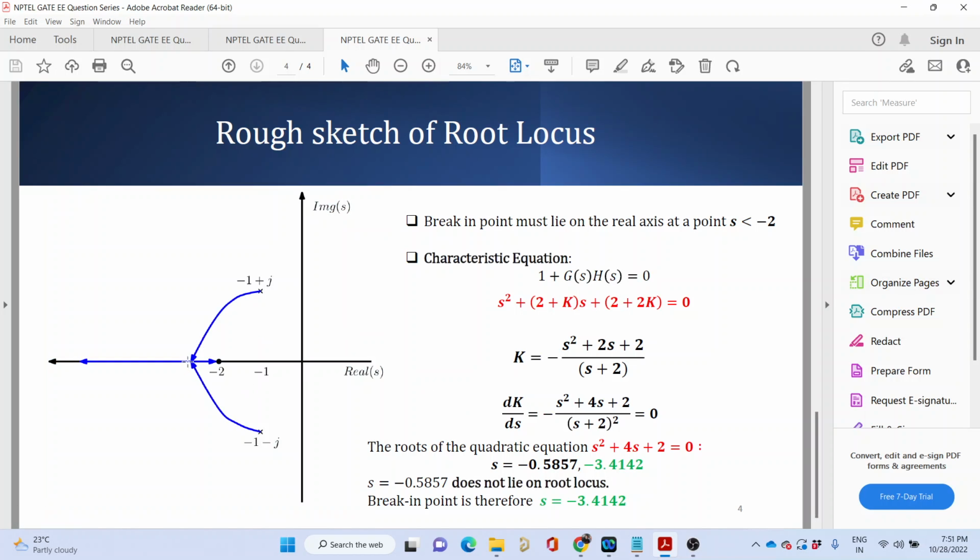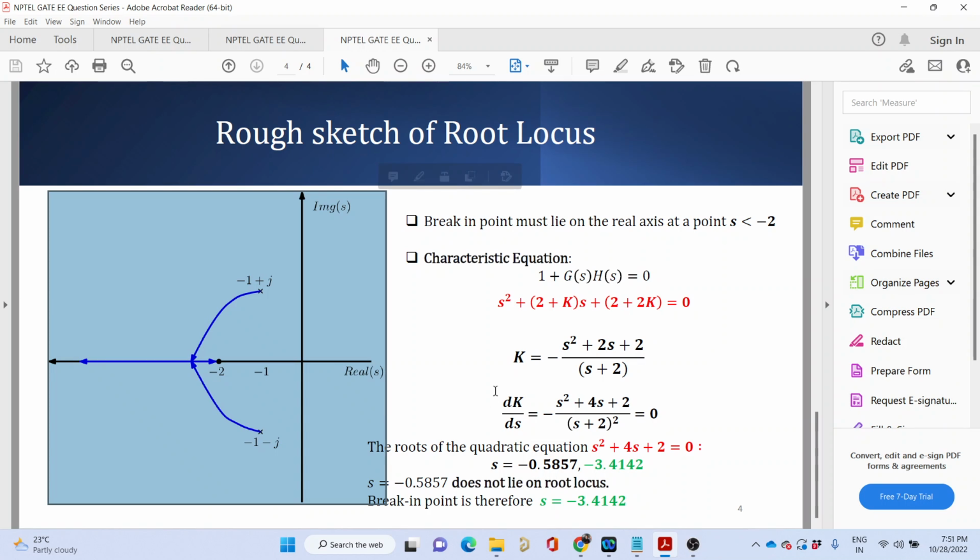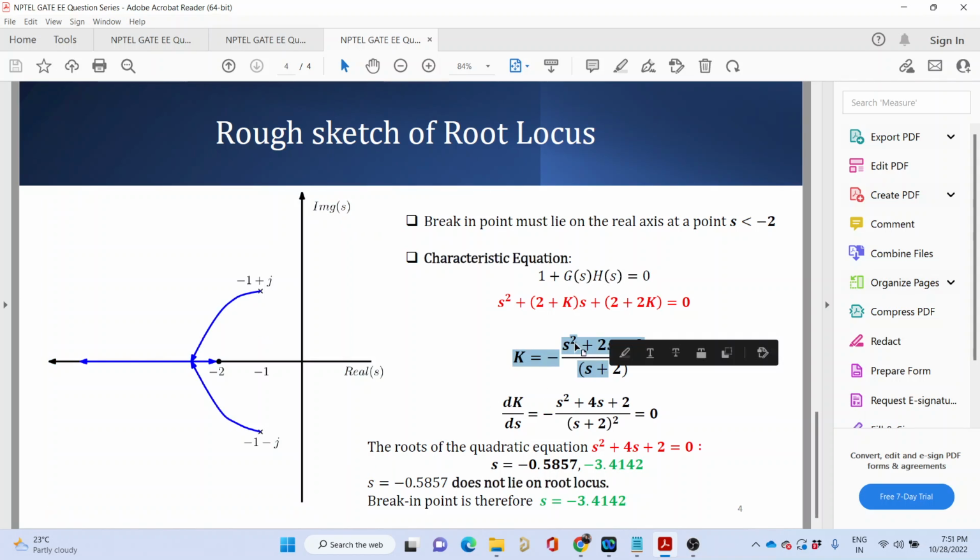Anyway, what we find is that the breakaway point would lie somewhere to the left of minus 2. So you do this dk/ds that you have already been told. You find k from the characteristic equation 1 plus G(s)H(s) equal to 0, get the expression for k in terms of s, and then you do dk/ds.